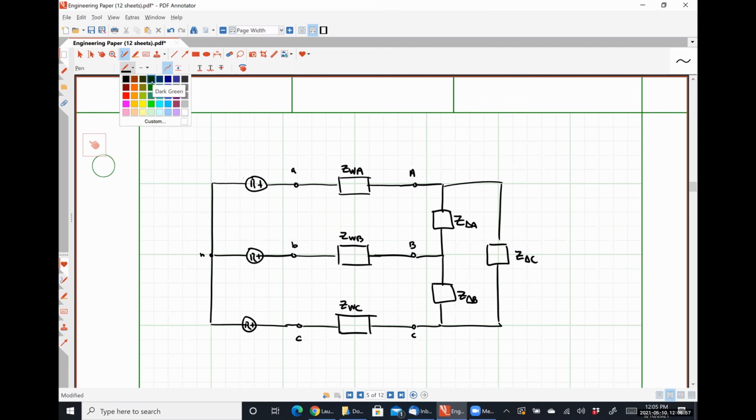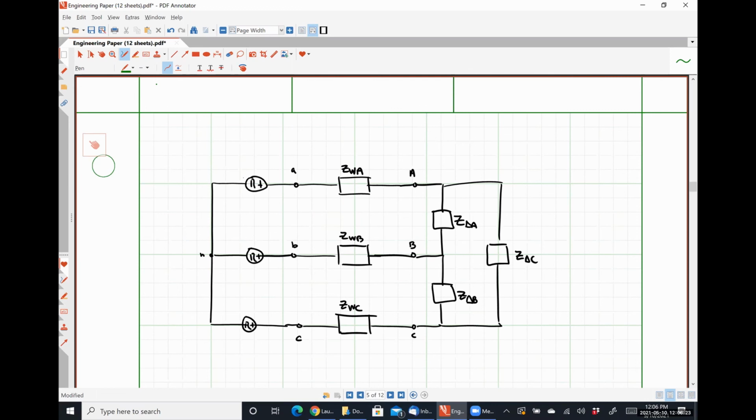So where is the neutral connection for the load? There isn't one, so it can't have an N in it. VCA.